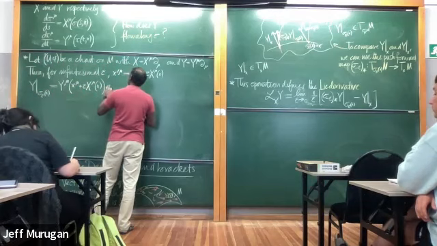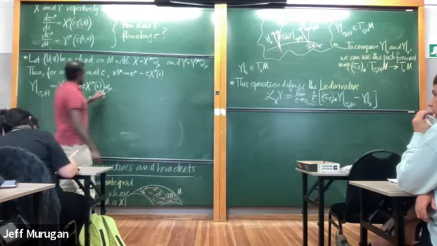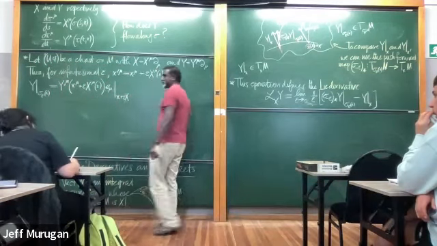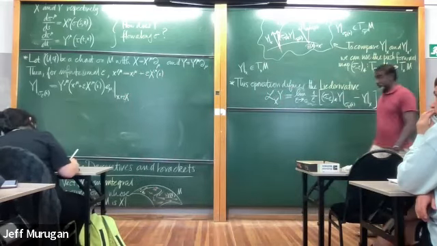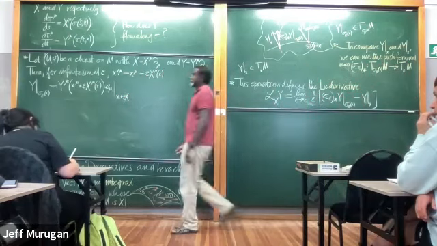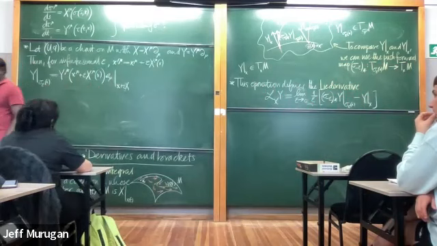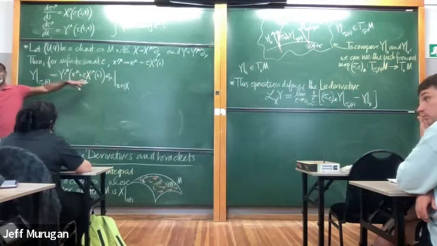And let me write e_mu here, just because I need to evaluate it at x^mu plus epsilon x, and this will be defined as the basis for the tangent space at x plus epsilon x. So this is y evaluated at x plus epsilon times x, and epsilon is a small number.